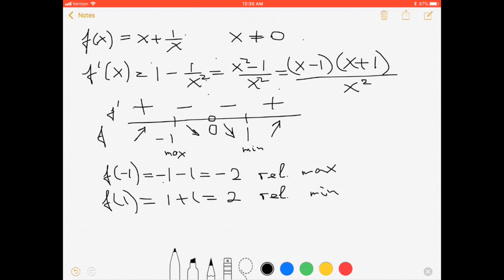Here is an example where the relative maximum is less than the relative minimum. It happens because our function is not continuous. We have two pieces of the graph, and that's why it happens. Okay, great. One more example.